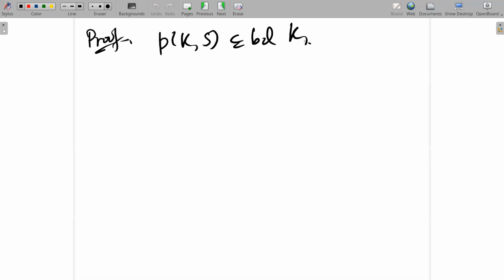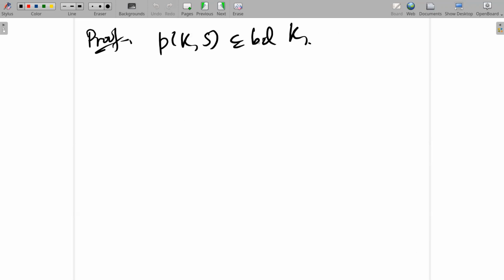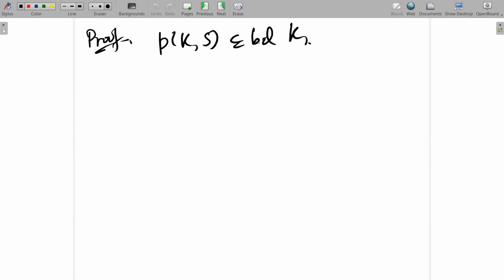If you join those two points, it has to intersect somewhere on the boundary. If the point were in the interior, then you would have other points which are actually closer. So PKS is contained in the boundary. The converse is the one that needs a little bit of work. Now, let X belong to the boundary of K.